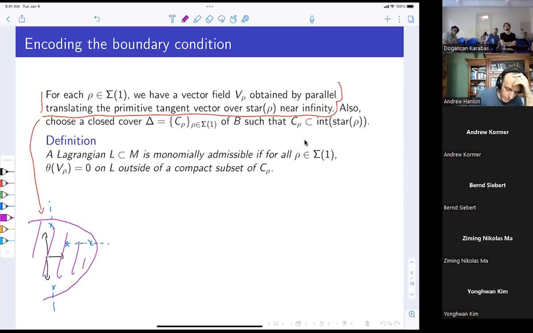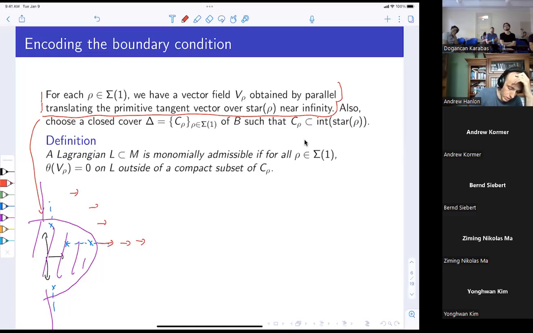And the piece that's left over in the star is some simply connected affine submanifold. So I can trivialize the affine structure, which means I can take the primitive vector parallel to this ray and transport it to a vector field over this whole region.